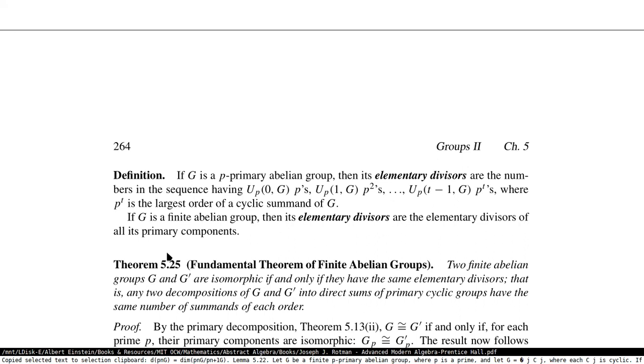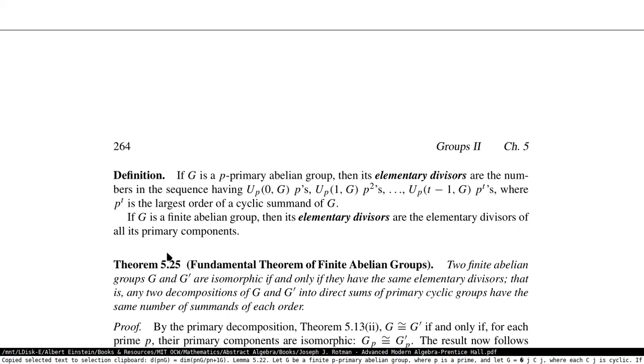So here these prime powers are the orders of the cyclic groups, and the U_p's are the count for the cyclic groups. So those are the elementary divisors, the numbers in the sequence.